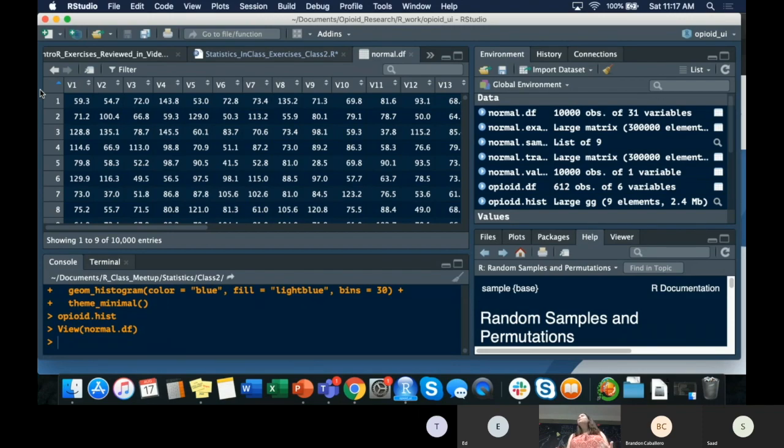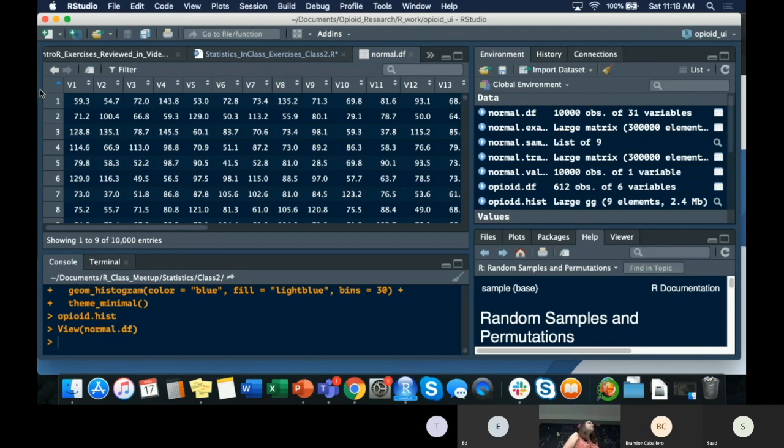Does it follow that normal distribution? Does it look normal? No. Well, then we probably need to run it more times. We're going to cover standard error today, and that's a way to estimate whether your sample size is too small. You have to use other means because every data set is different. There's not a magic number, unfortunately. I picked one that was sufficiently large that I knew it would work.